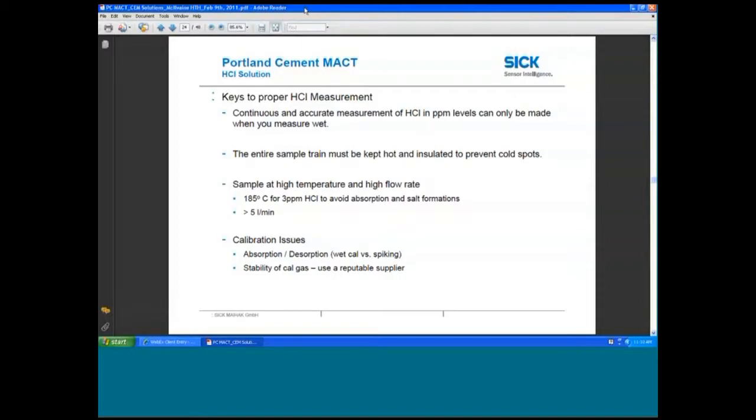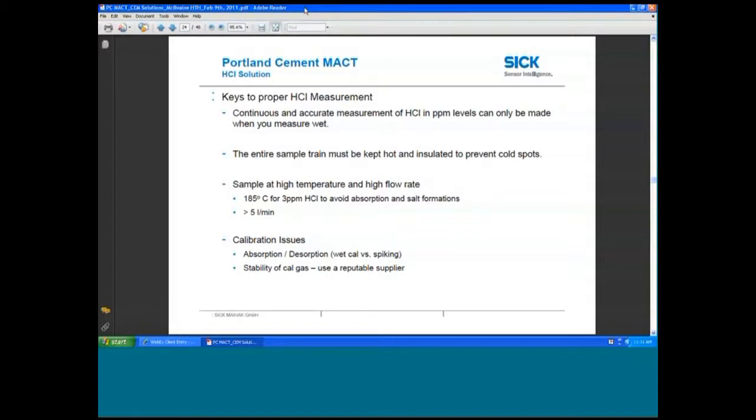In general, if you were to inject a cal gas of 3 ppm onto a system with a 100-foot sample line, I think you would probably expect to run the bottle completely out of gas before you would ever see a response on the analyzer, because the HCl that you're pumping into the system would be absorbed by the sample line itself.